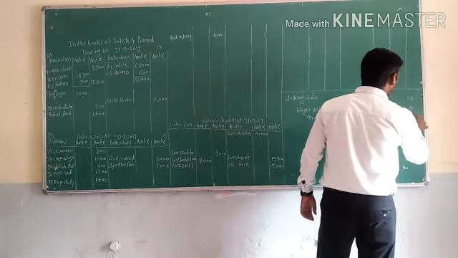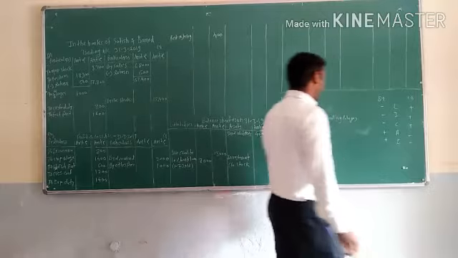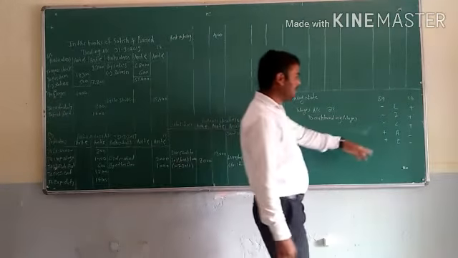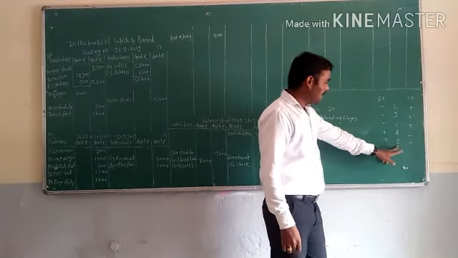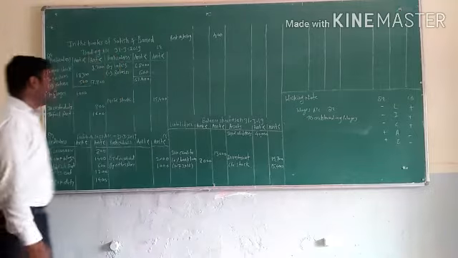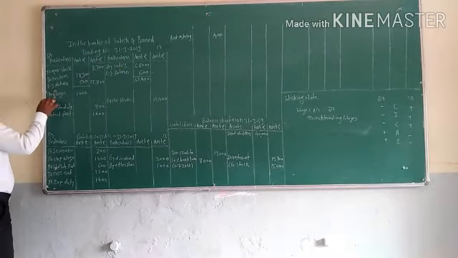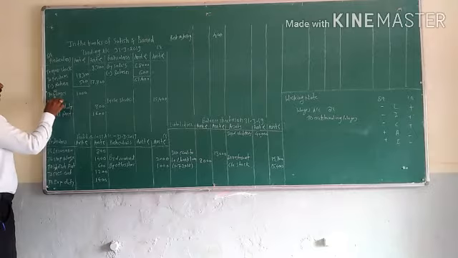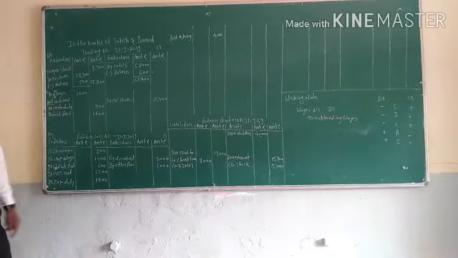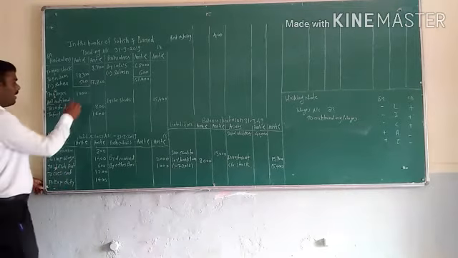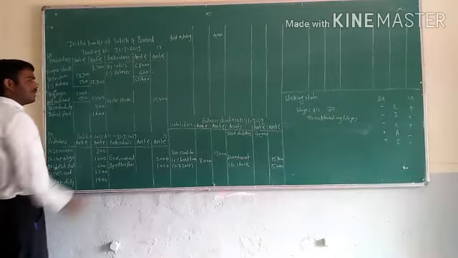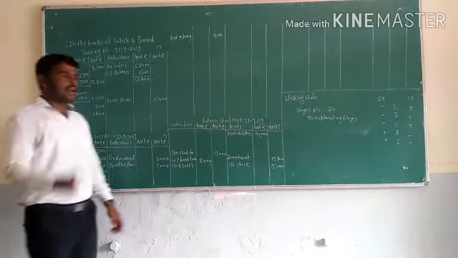Then plus, plus, plus, minus, minus. So wages is an expenditure, and expenditure is a debit, which is an increase. So add the outstanding amount of 500, and get the total 1,500.